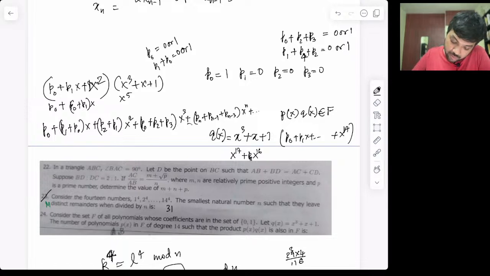Basically the moral of the story is that P0 being 1 instantly forces the first 3. We'll do up to that, and I think it will then repeat in a pattern. P0 can be 0. If P0 is 0, then you can again ask what happens to P1. Can P1 be 1? If P0 is 0, it just reduces to the one-lower case, 13, because it's like taking any 13-degree polynomial and multiplying by x.